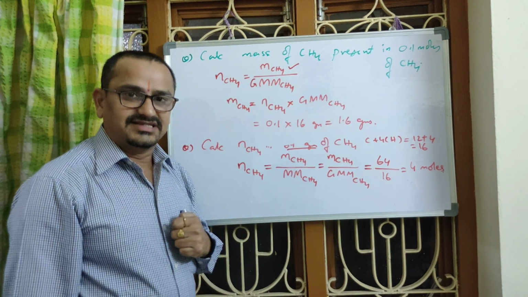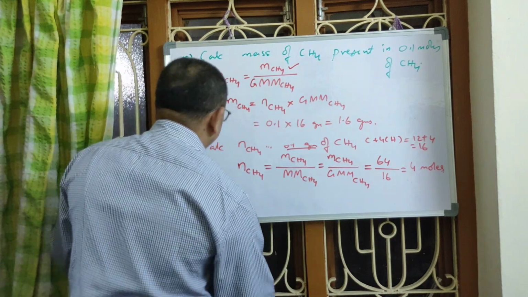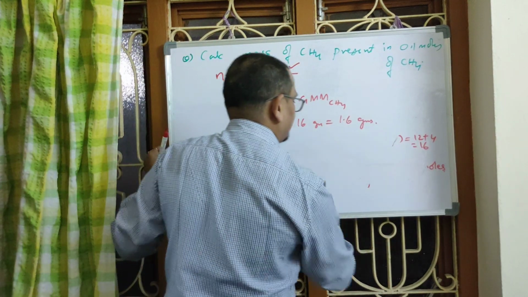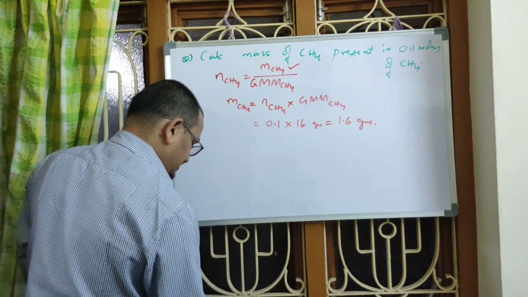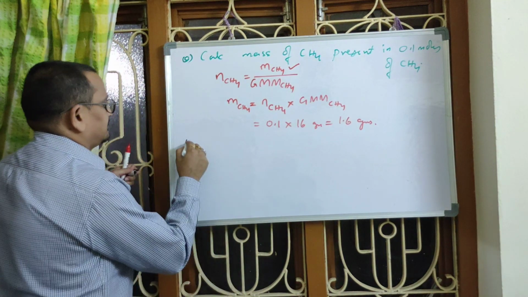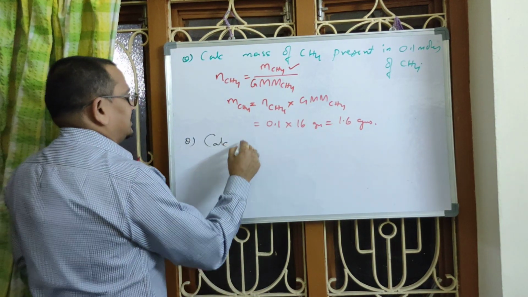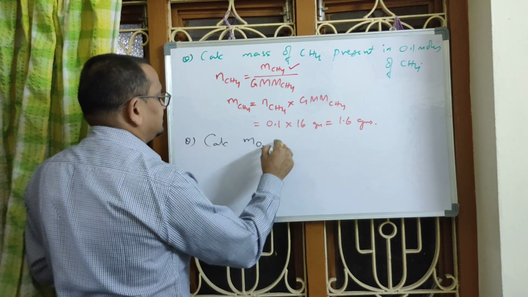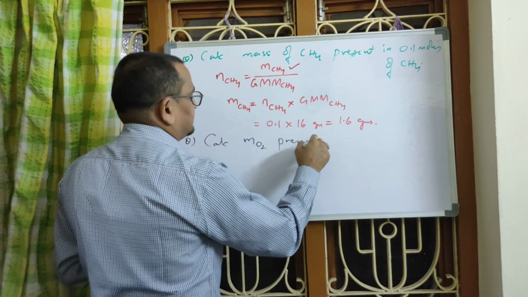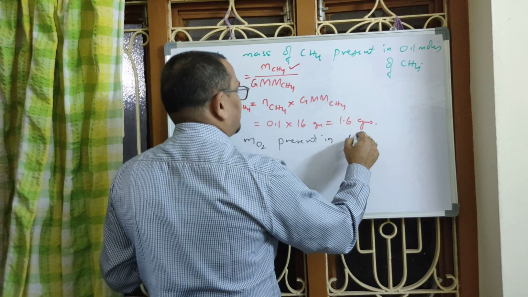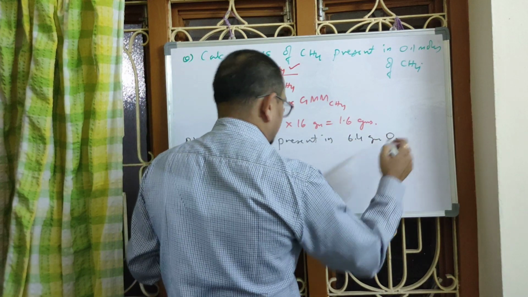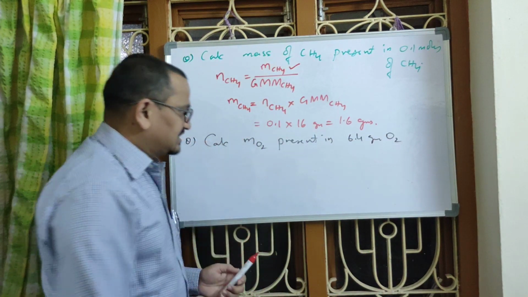You do one question in this way, right? Copy the question: calculate the mass of oxygen present in 0.5 moles of oxygen. Suppose this is a question.